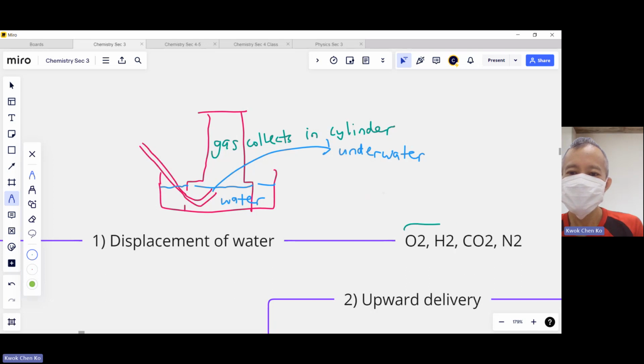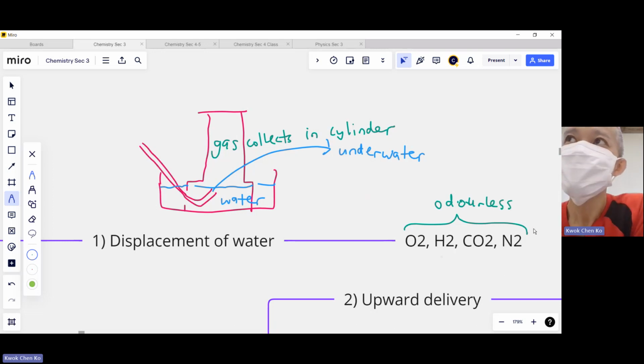What else do you remember about these four gases? You notice they just happen to be all of them odorless. So there's one way to help you remember: these four odorless gases can be collected by water displacement.